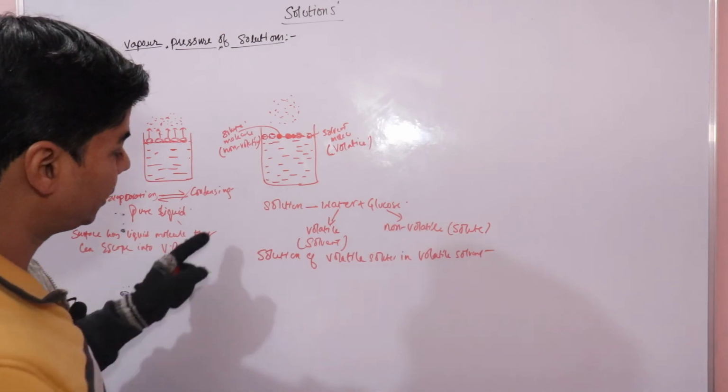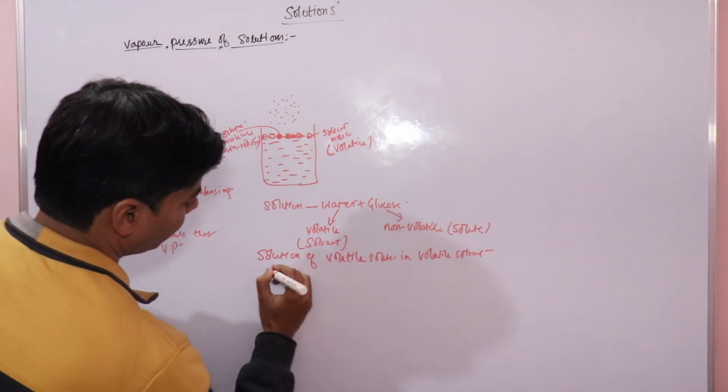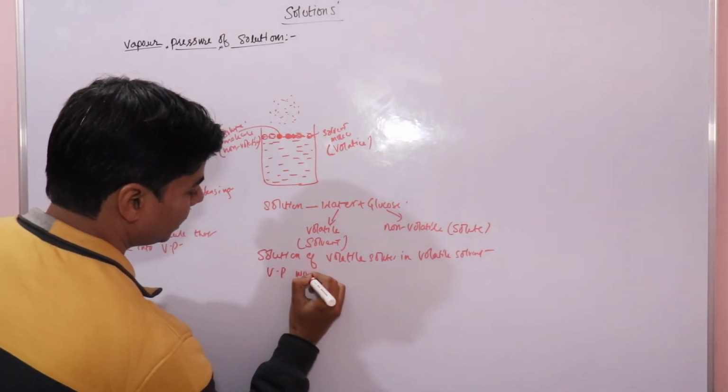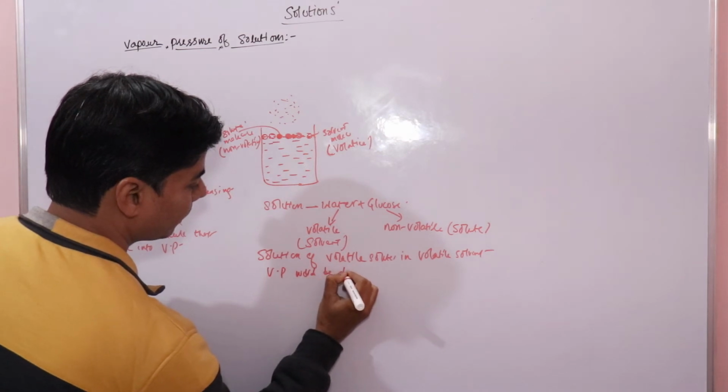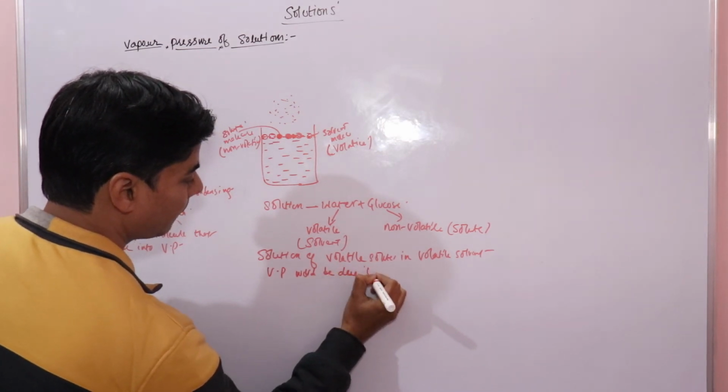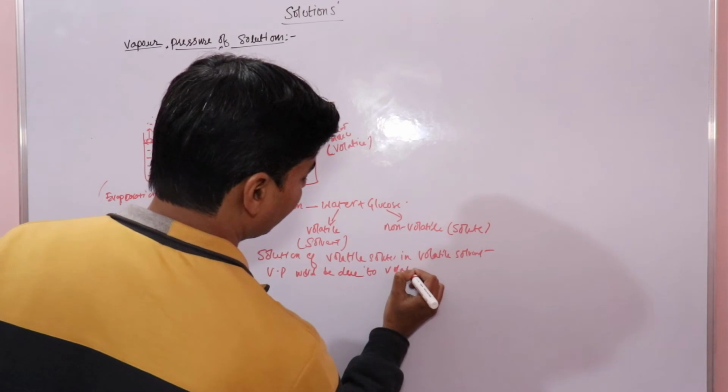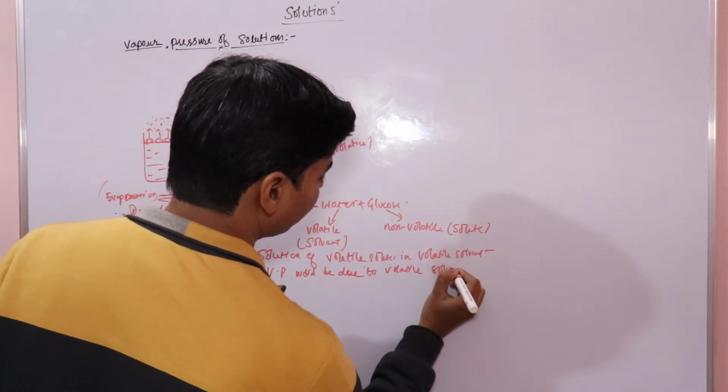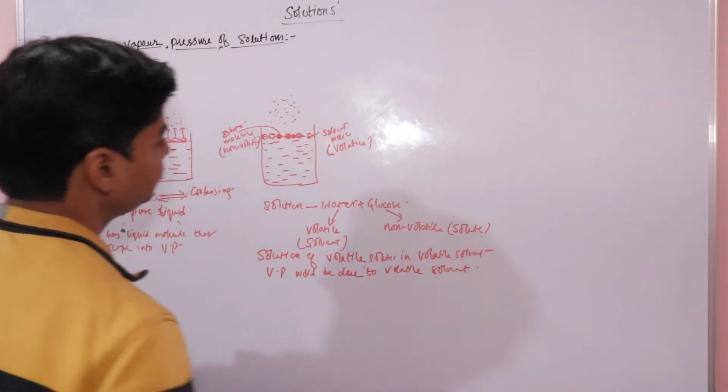So here the vapor pressure would be due to the volatile solvent.